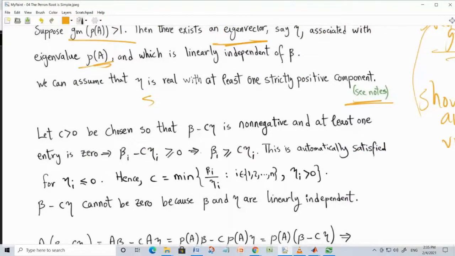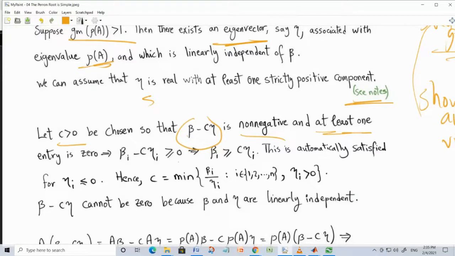Then we will play with beta and eta. Okay, so you are saying that there is another eigenvector that is associated with rho of A. Let's construct this vector: beta minus C eta. And C is a positive constant that is chosen such that beta minus C eta is non-negative, and it has at least one element that is equal to 0.